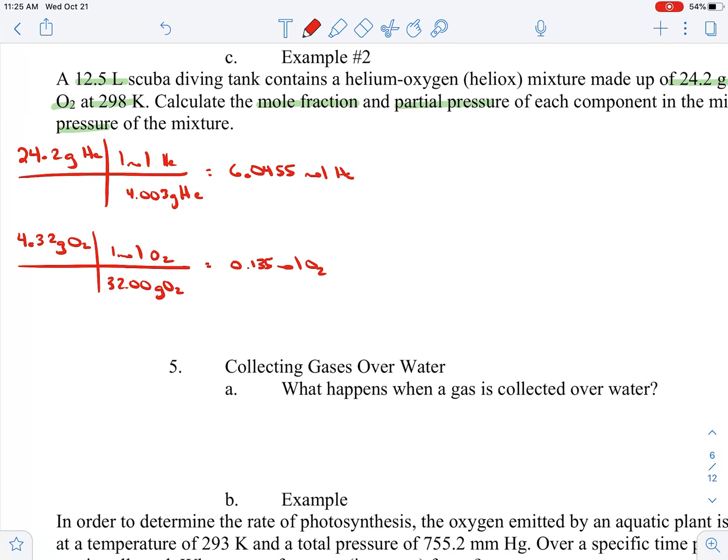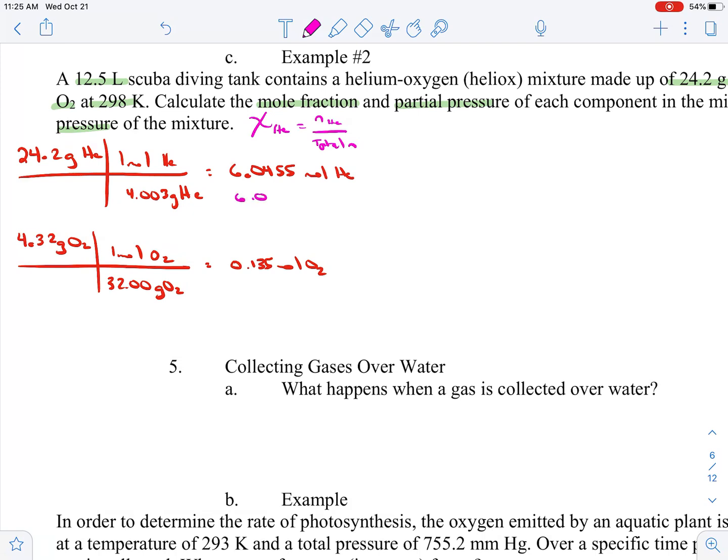So to jump right in and find the mole fraction of each, remember, mole fraction is like the chi of helium, and we're going to take the moles of helium over our total moles. So we can easily find our mole fraction right here.